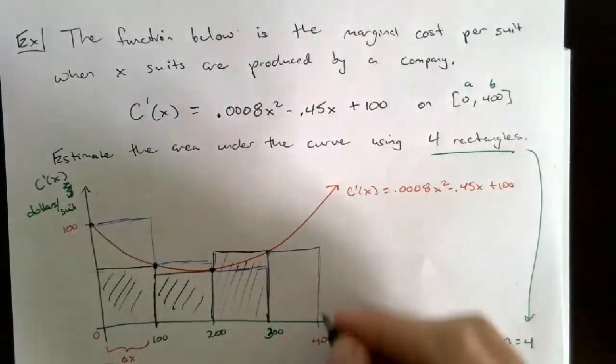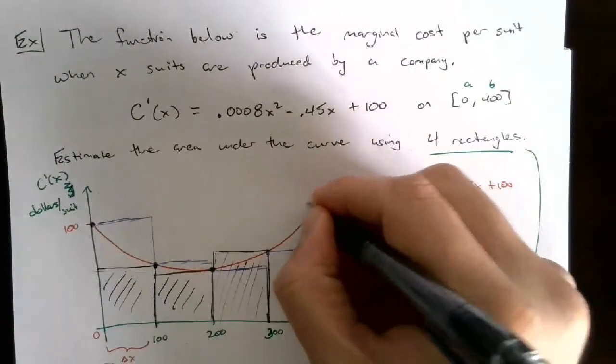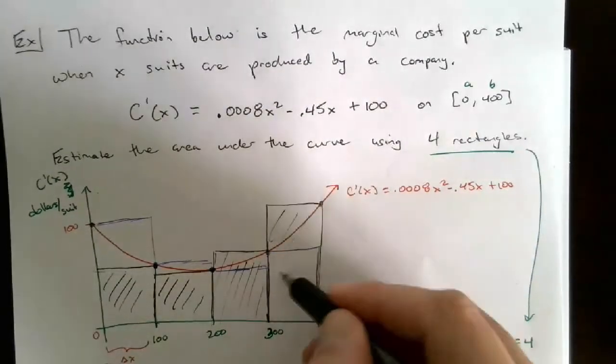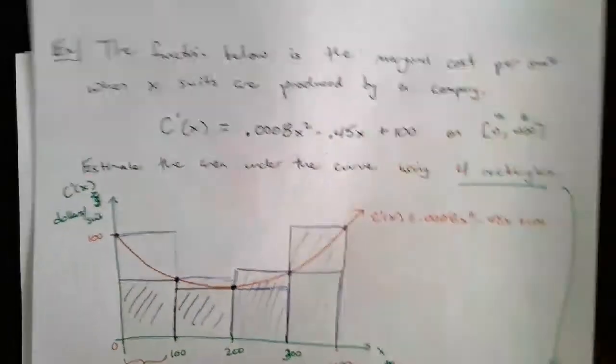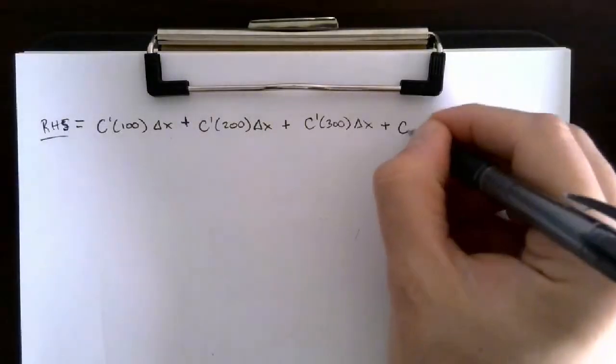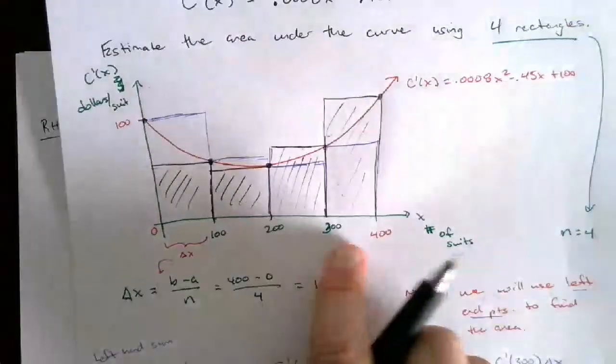You're going to the 400, following this up to your function, so we're going way up here now, and then we go back at a right angle and then down to make our last rectangle. That last rectangle has a height of C prime of 400 times a width of, well, the width is still delta x.